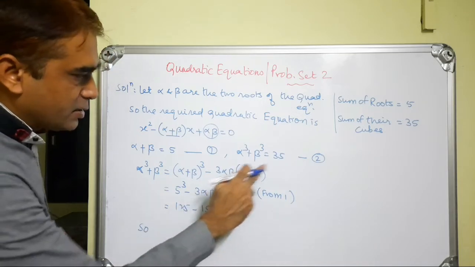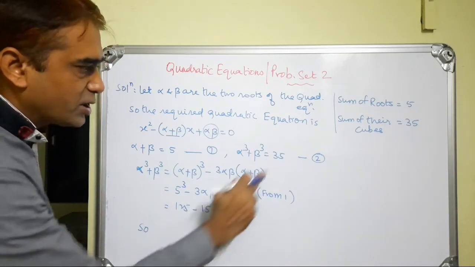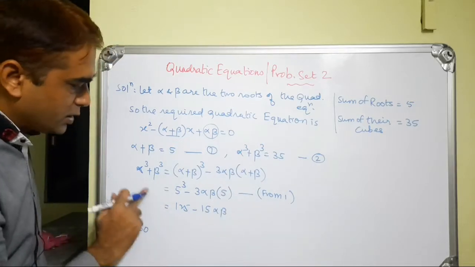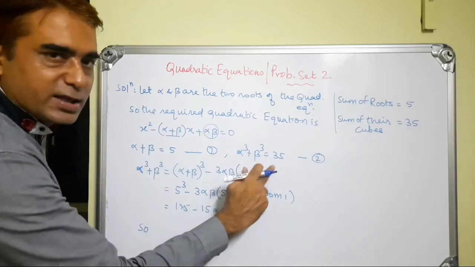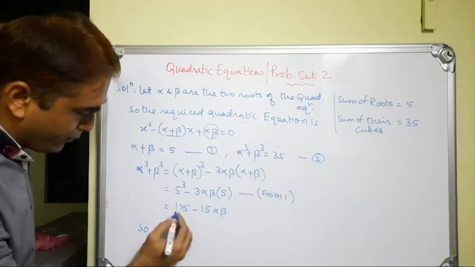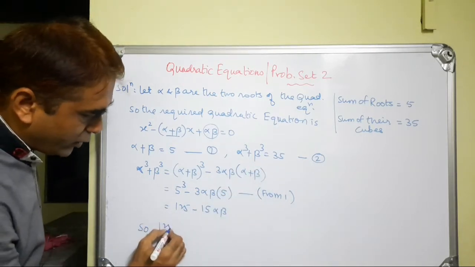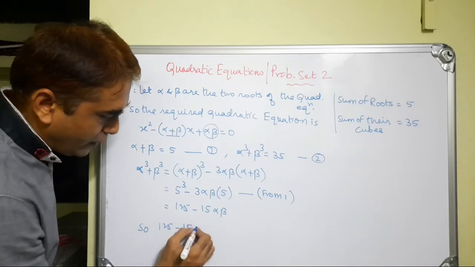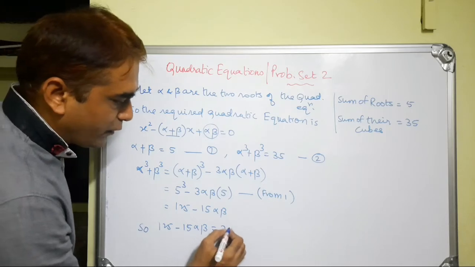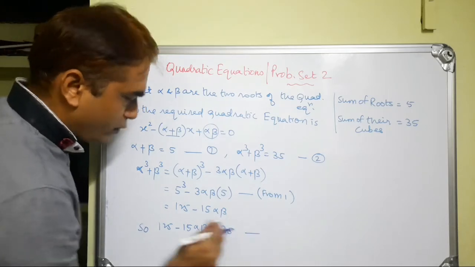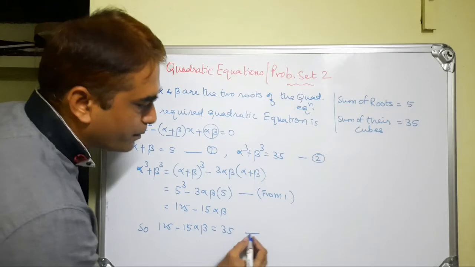So this expression equals 35, because the value of alpha cube plus beta cube is this and this, both are the same value. So 125 minus 15 alpha beta equals 35. We got this value from 2.